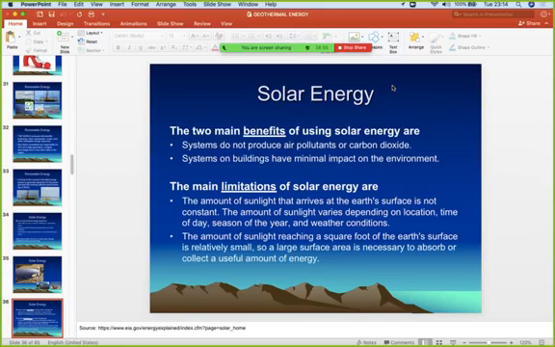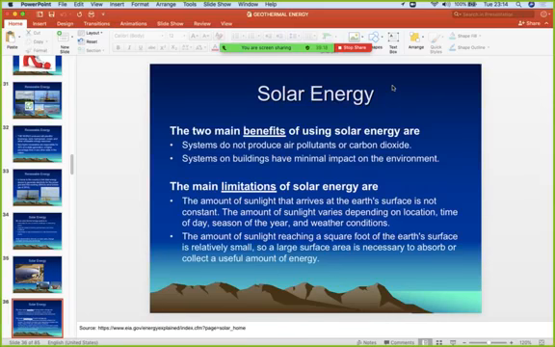So if the sun will not produce light, entirely all our 24 hours will be dark. And we will blame solar energy for that to consume all the heat. So it would not happen. Some systems on buildings have minimal impact on the environment.